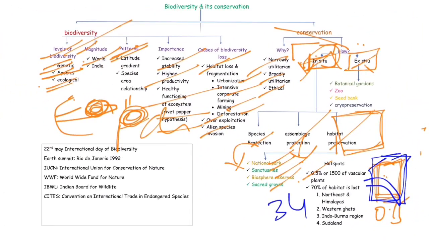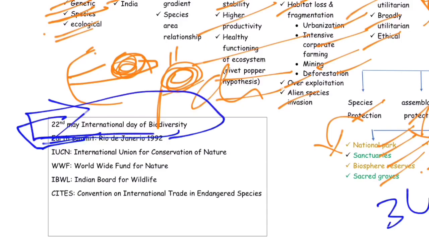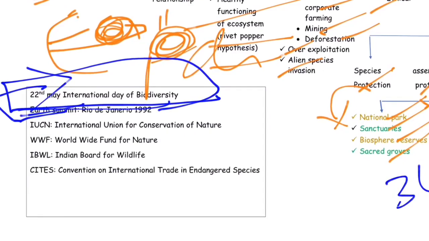And next are some of the international efforts to conserve biodiversity. The Earth Summit was held in 1992 in Rio de Janeiro in Brazil, South America. There it was announced that 22nd May is celebrated as International Day of Biodiversity. Next one is IUCN, International Union for Conservation of Nature and Natural Resources.